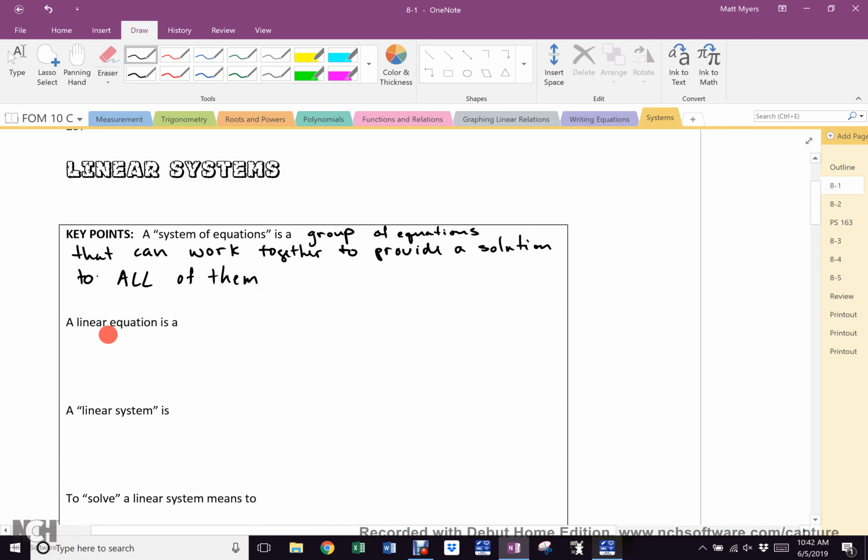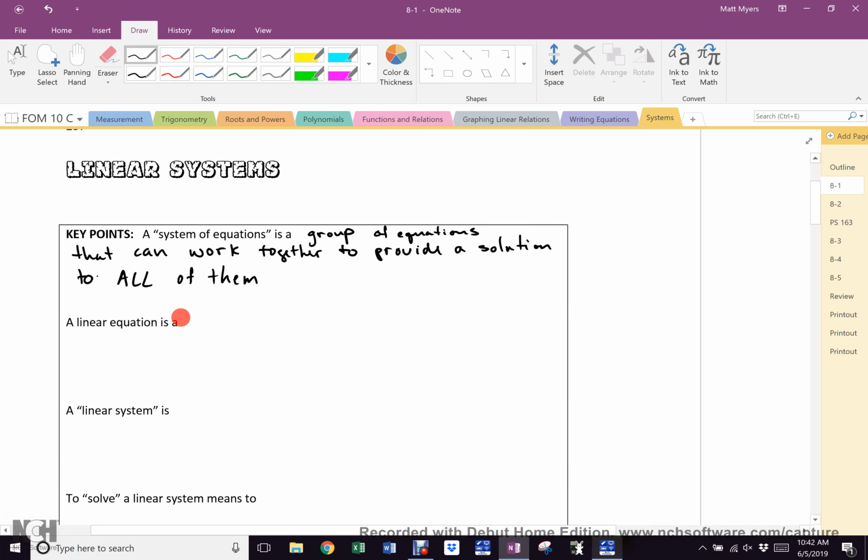Now, a linear equation. What's a linear equation? I'll take a definition or an example. I don't care. What is a linear equation? No flies on you, Prav. Yeah, the change is constant, right?